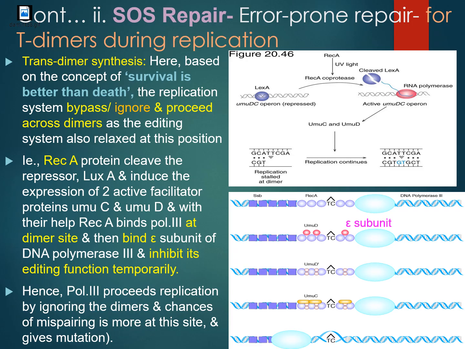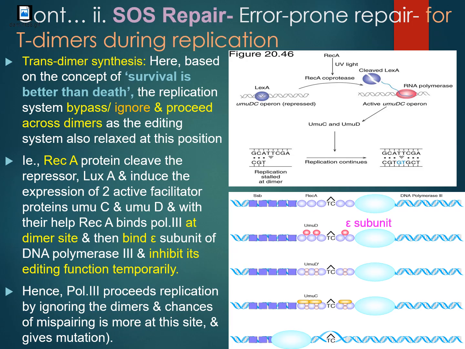The replication system bypasses or ignores and proceeds across the dimer. For that, the editing portion of this polymerase needs to be silenced. For that, a protein called RecA will bind, and this binding happens with the help of two other facilitating proteins called UmuC and UmuD.